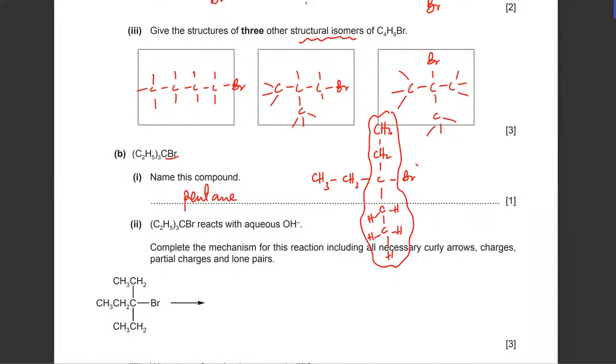और फिर दो branches हैं. The branches positions are 3. They're on the third one. Okay, if this is 1, this is 2, this is 3. अच्छा, this is 3-bromo, 3-ethyl. 3 ethyl और 3 bromo. तो bromo पहले आएगा.